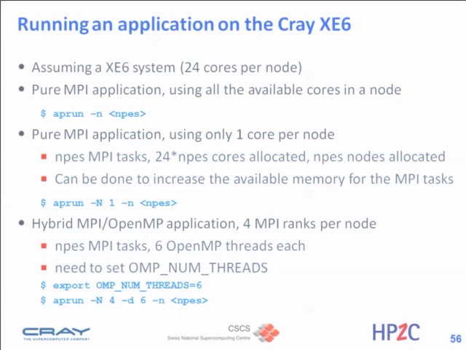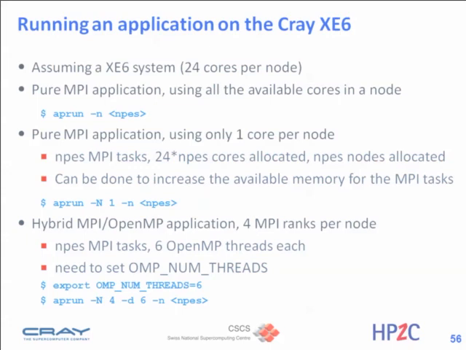Now, if you are running a hybrid MPI OpenMP application, this is exactly the example I told you before. What you want to do is to have 4 MPI ranks per node, each one using 6 OpenMP threads. So you run aprun -n4 -d6 and then the number of MPI ranks you are using.